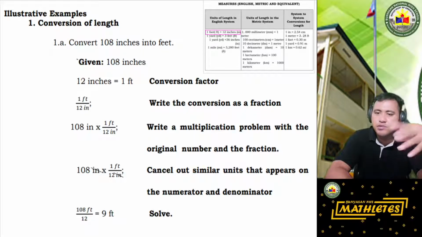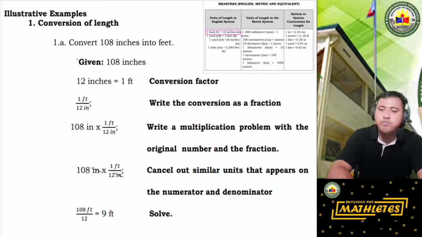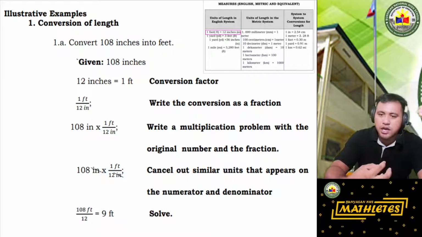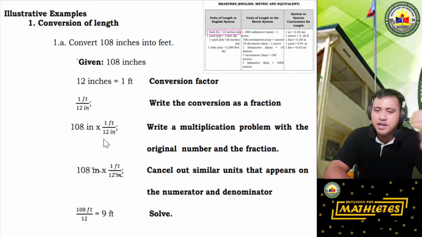They are in the same position. They are both numerator, or both denominator. The only way to cancel those is kailangan ang isa nasa numerator at saka yung isa denominator. Okay? Magkaiba sila ng posisyon.